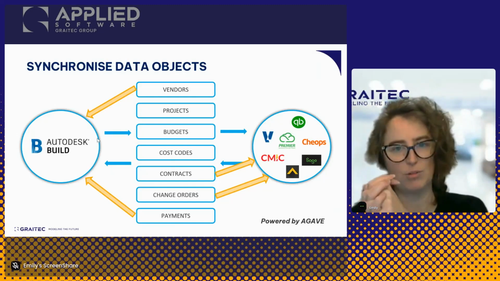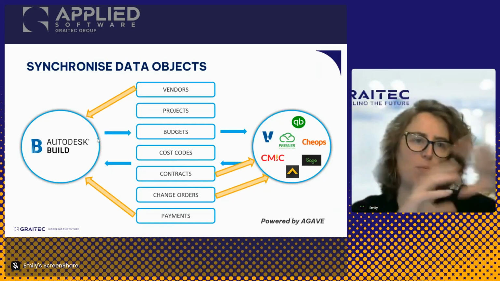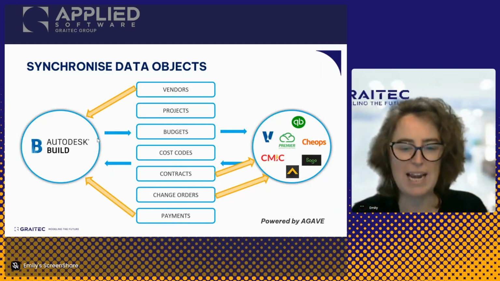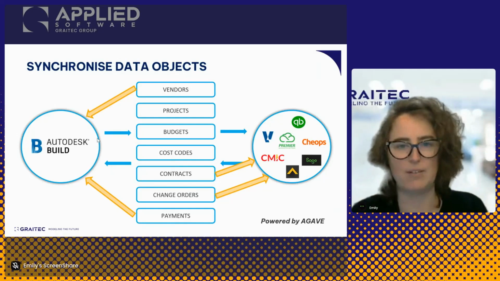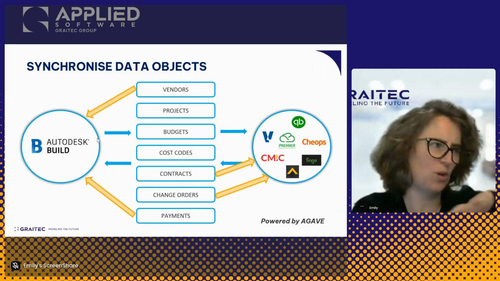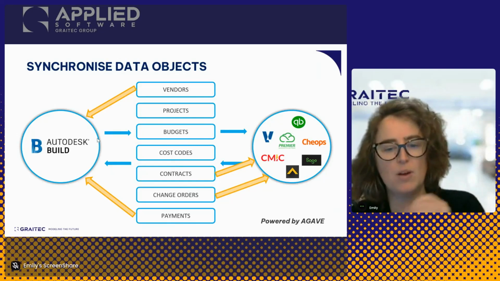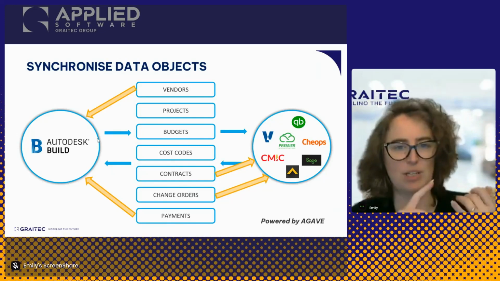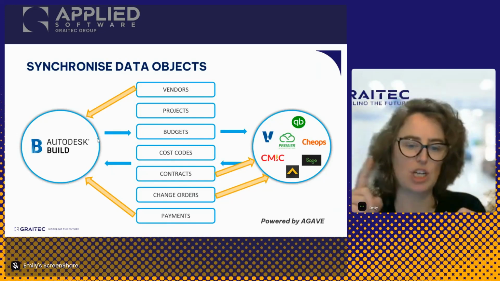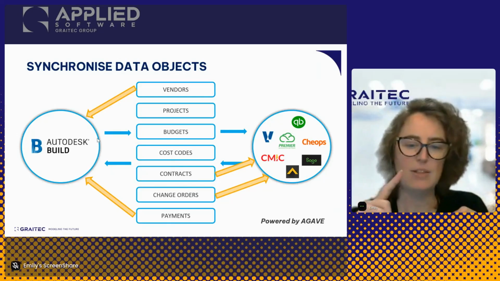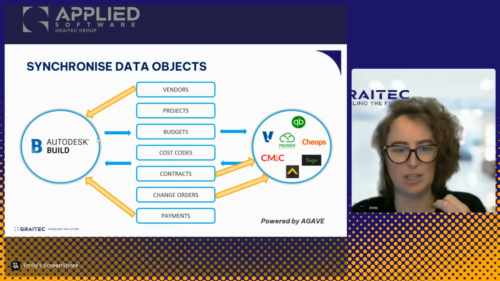And same with change orders, right? Autodesk Build is a more robust system for creating those pieces of information and attaching it to all of the build and cost related workflows. And then all we really need is the end result of that. The change order is this much and attached to this budget item, and the contract is this much and attached to this budget item.